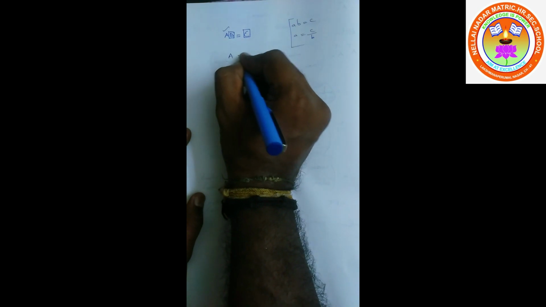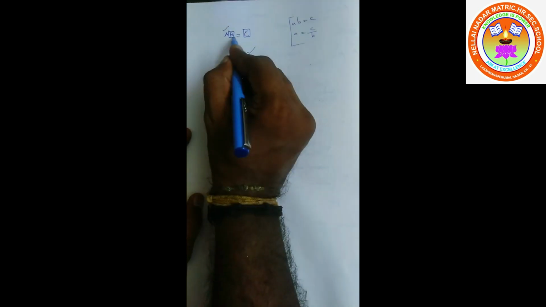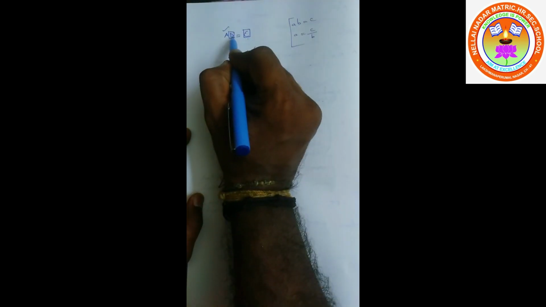But this is a matrix. A equal to C by B is a wrong one. In matrices, only addition, subtraction and multiplication are possible. Division is not possible in matrices. So I can't bring B down. This is not a correct way.